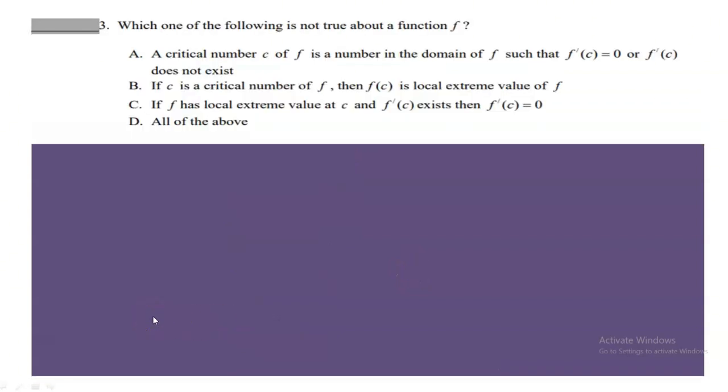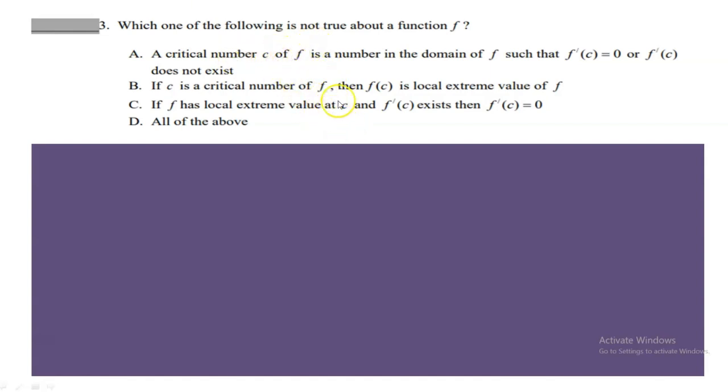Now proceeding to the next one, question number 3 says, which one of the following is true about this function f? And it's talking about critical numbers. How do you define a critical number, students? A critical number is a number in the domain of the function where the derivative of the function at that particular critical number is either 0 or doesn't exist.